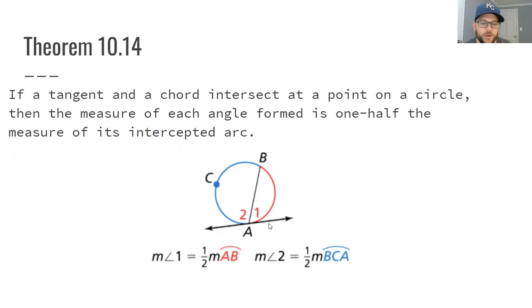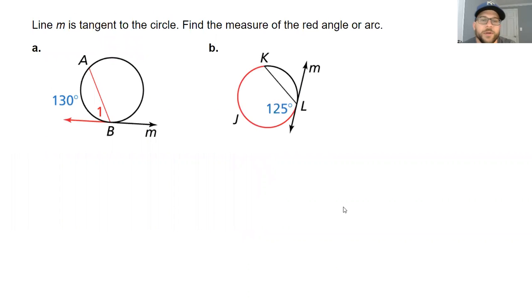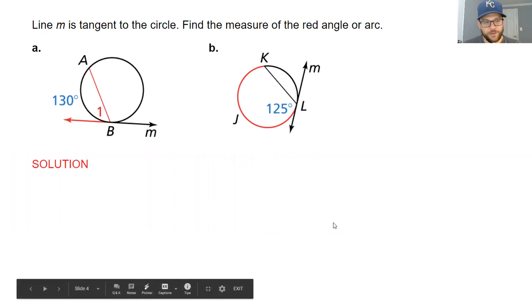But similar to how we were looking at inscribed angles with a circle, the arc measure divided by 2 gets you the inscribed angle. So you can look at this with a couple of examples. We've got tangent M intersecting chord AB on this circle to form this inscribed angle 1 and the arc measure of 130.